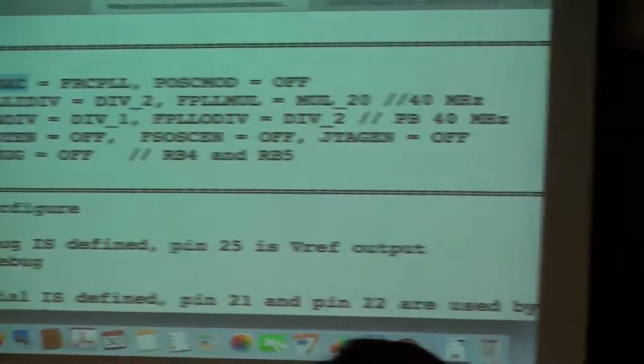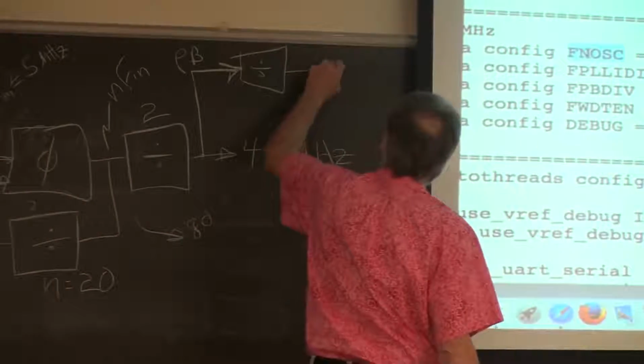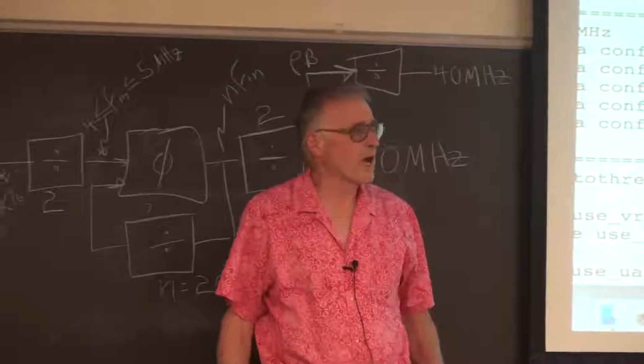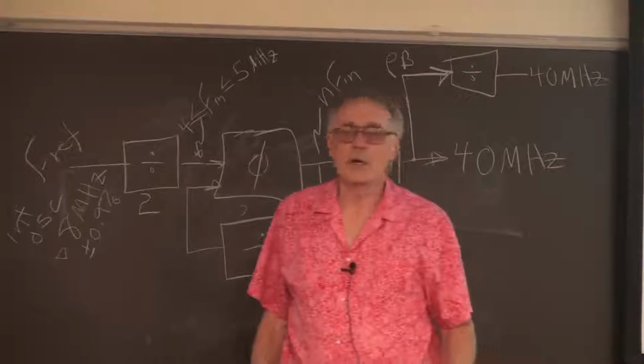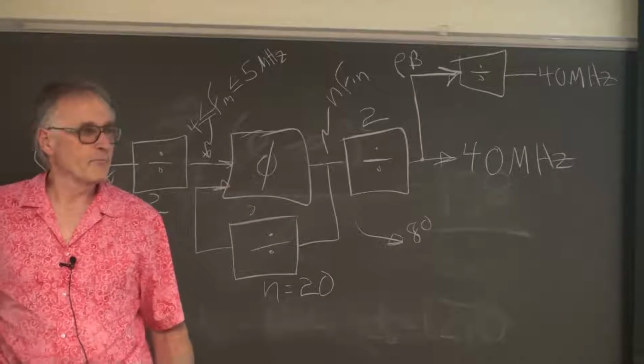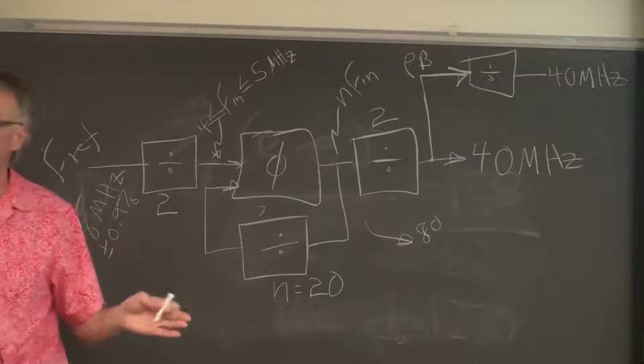So for the default config file, the peripheral bus is running at 40 megahertz, and I think that's what you all use to set the timers in lab 2. Nothing cast in stone about this.